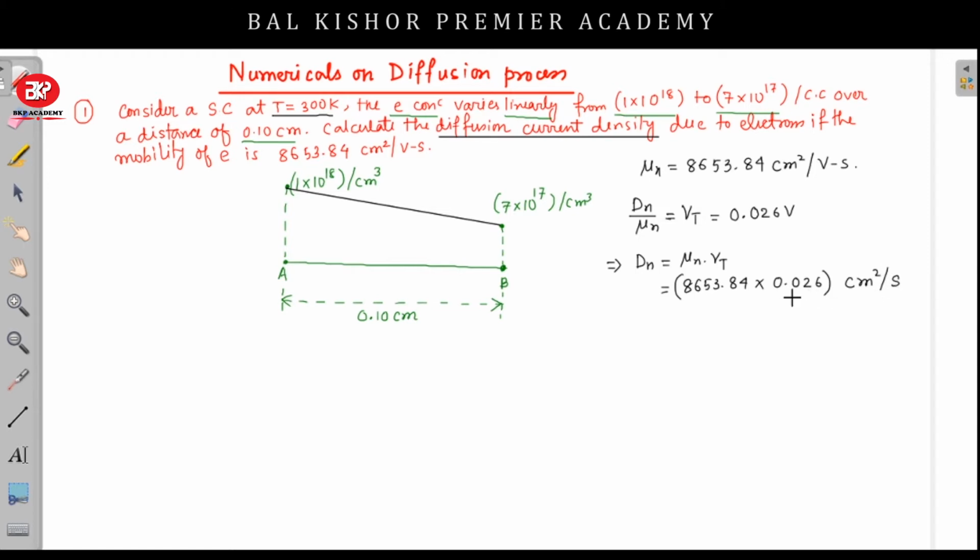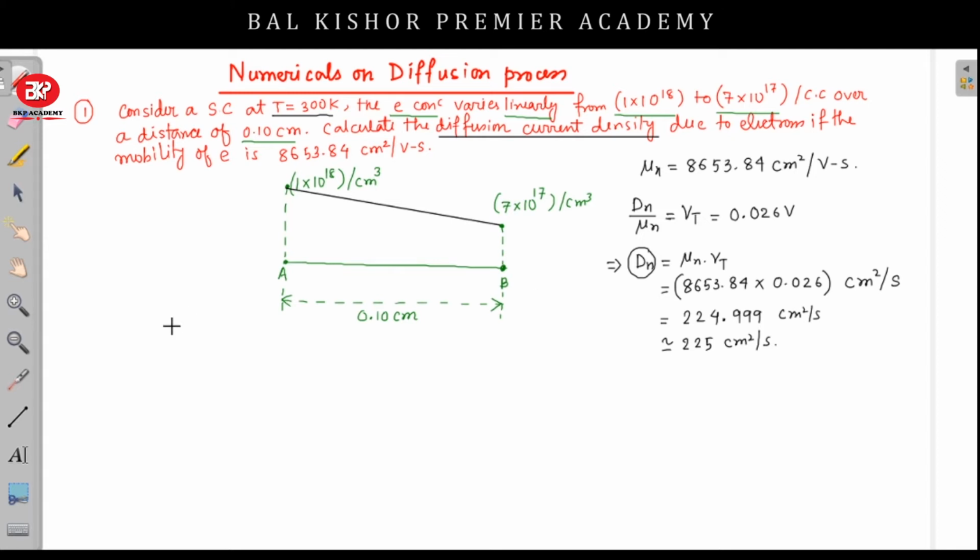If we calculate, this value is 224.999999 centimeter square per second, or roughly 225 centimeter square per second. So we have calculated the value of Dn.